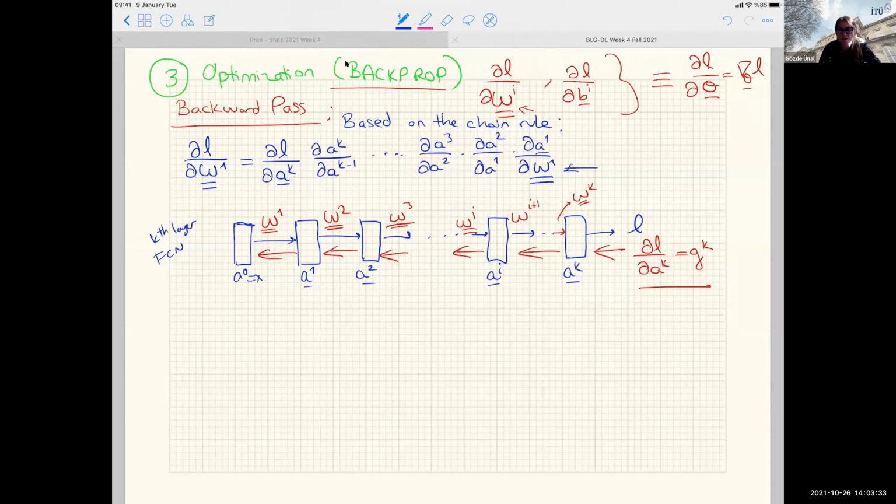Again, just be careful, this is a matrix derivative. And then do the same thing also for the bias weights: del L by del AK, del AK by del A(K minus 1).